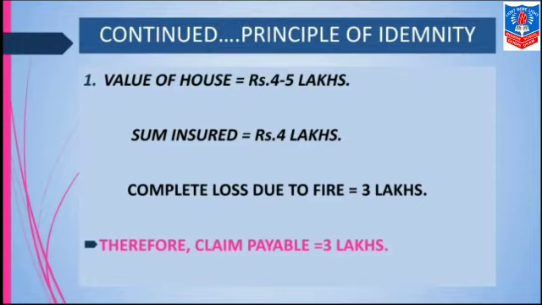If a person takes an insurance policy for a house for rupees 3 lakhs, but the original value of house is rupees 5 lakhs, then in the event of complete loss of house, the insurer will get maximum rupees 3 lakhs.